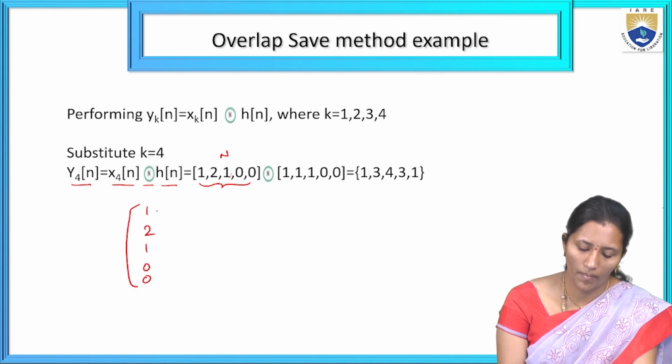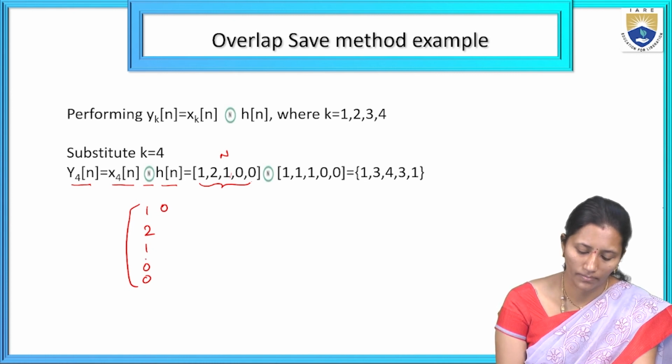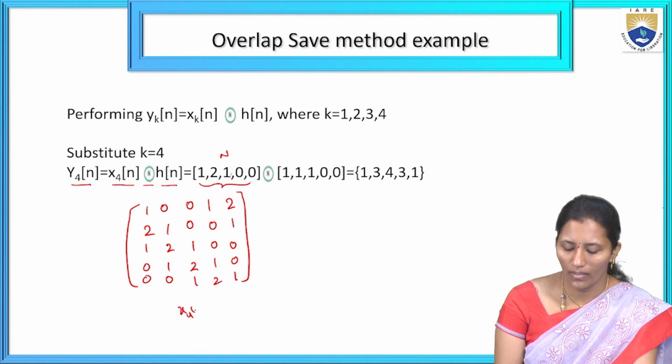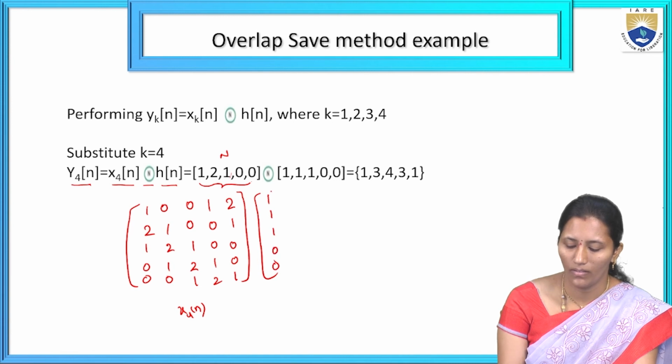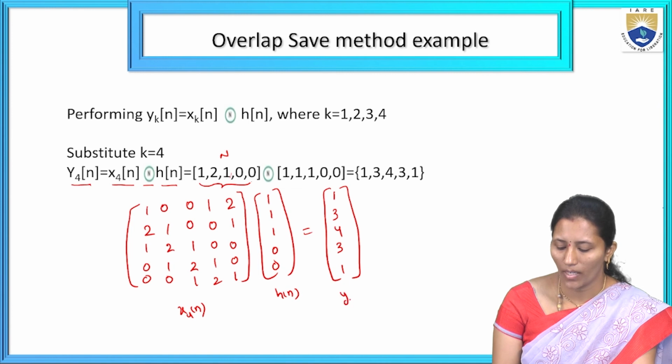We have to perform the matrix method for circular convolution. This is x4 of n and 1, 1, 1, 0, 0 is h of n. It will be a matrix multiplication. We will get 1, 3, 4, 3, 1. So this is y4 of n.